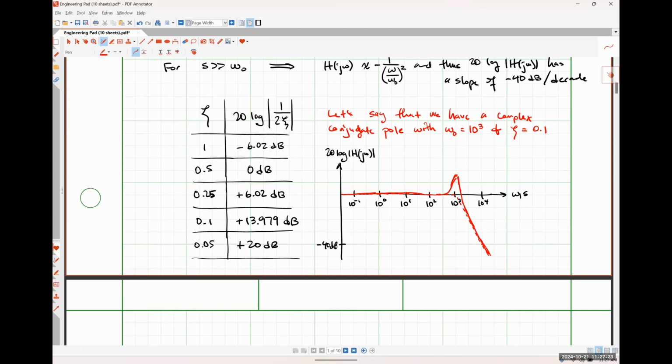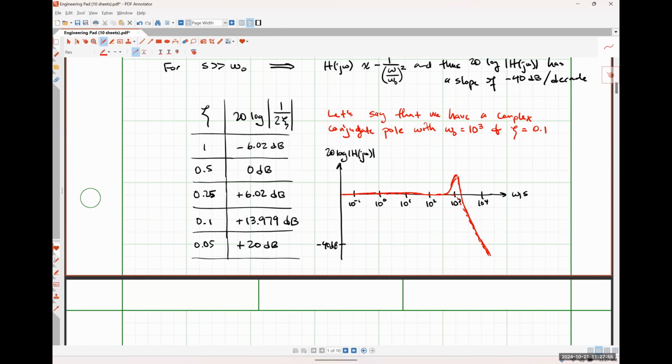Are you would be that for the baseline? So we didn't exactly cover that on the phase plot thing, but effectively it's going to look essentially like just a twice repeated pole or a twice repeated 0. So it's going to hit negative 90 degrees at the resonant frequency instead of negative 45 degrees.